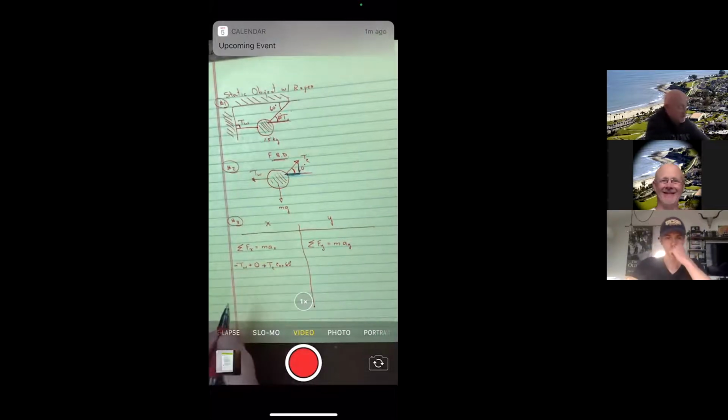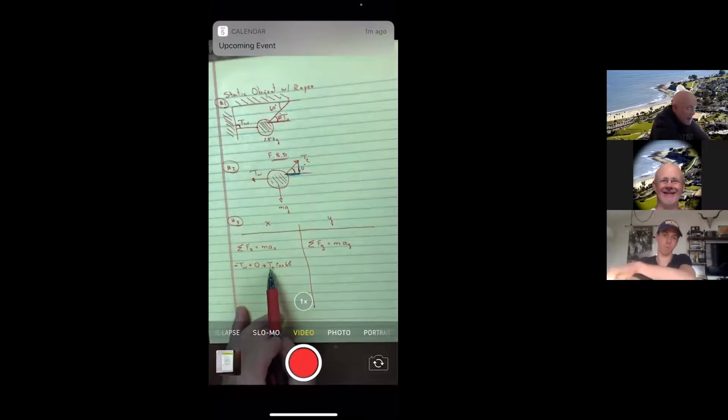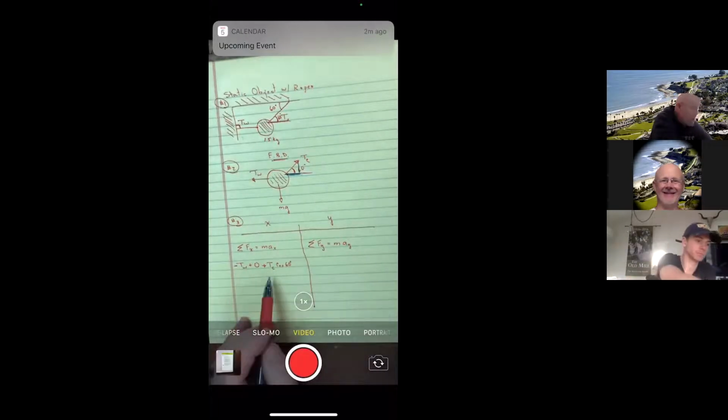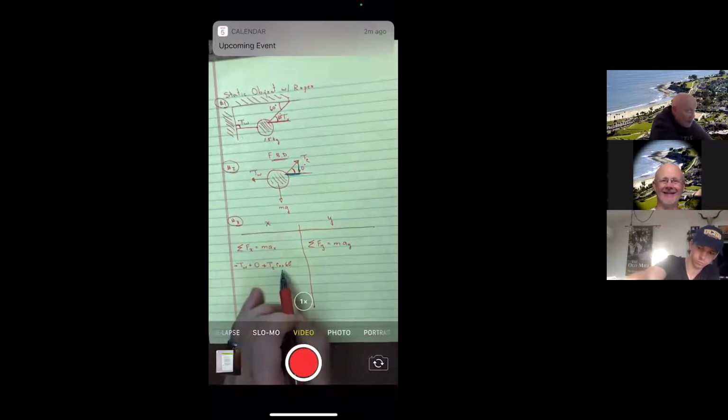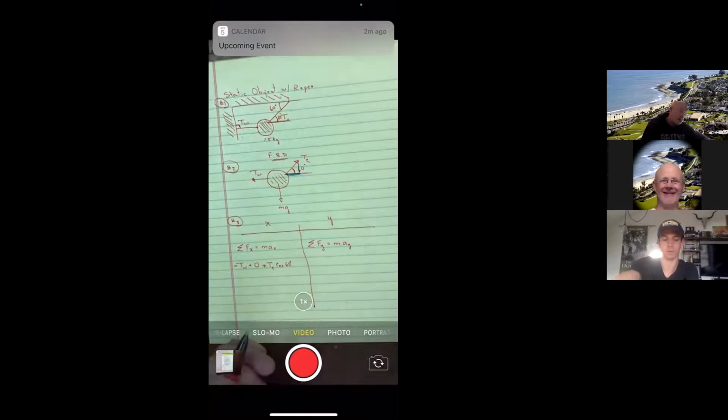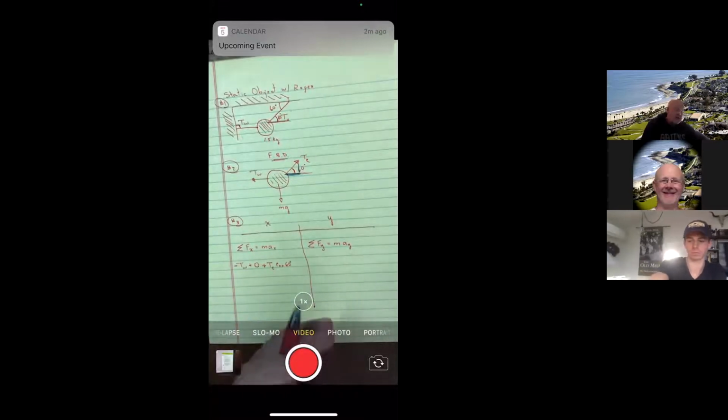I like to say this phrase. I do magnitude, component, and then direction. And I get that by looking at the picture. The magnitude is TC, which I don't know, so I got to put it as a variable. That's one thing I want to solve for. To get the component, I would be multiplying it by a sine or a cosine. And for me to decide whether it's sine or cosine, I got to say, is it the adjacent angle?